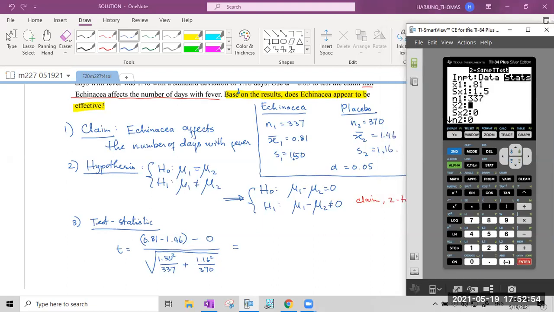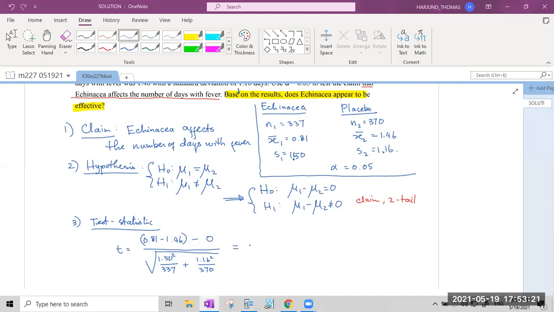X2 bar is 1.46. The standard deviation is 1.16. The sample size is 370. We are testing two-tailed. No, it's not pooled. And calculate. So the t-score is negative 6.4005. That's the test statistic.